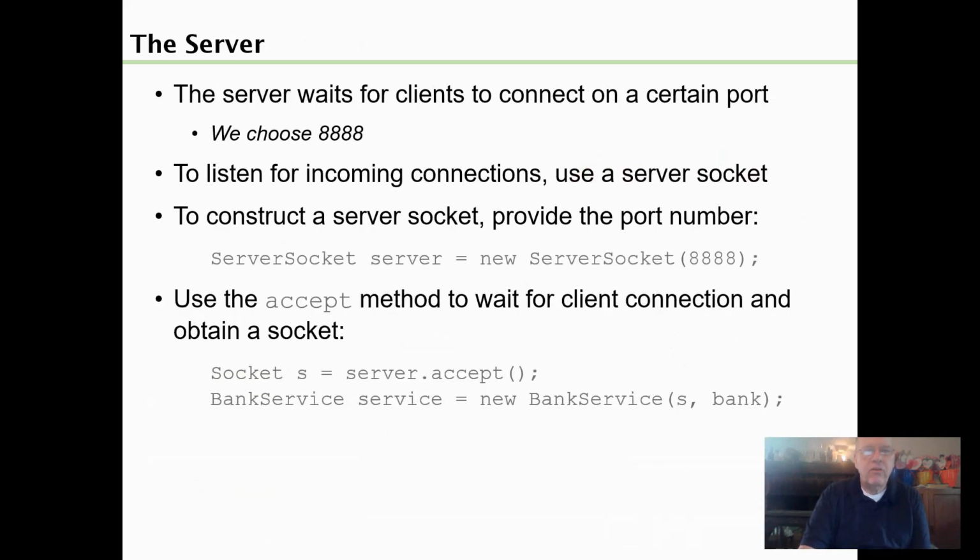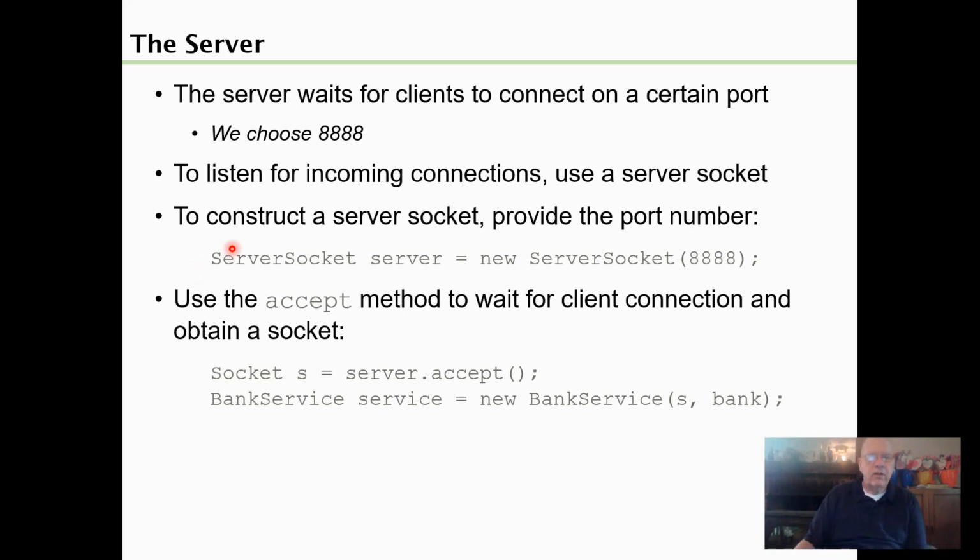So in this case, the server waits for clients to connect on a certain port, in our case 8888. The server socket listens for incoming connections using that Java server socket class, equals a new server socket with that port number.